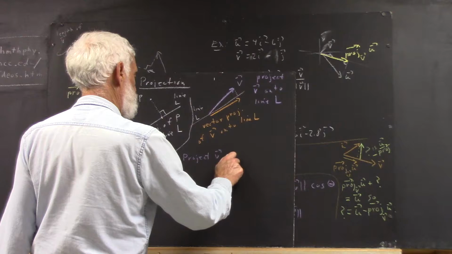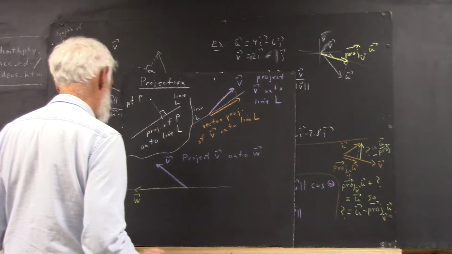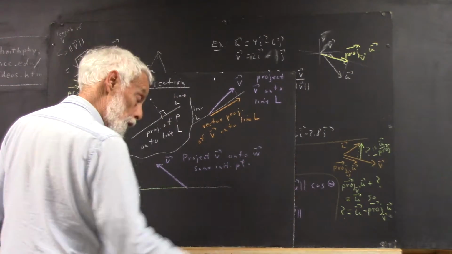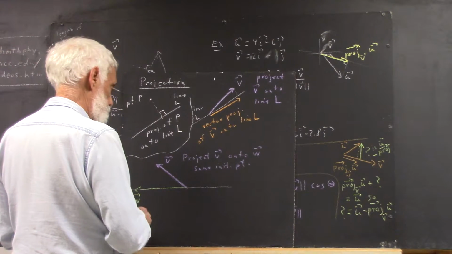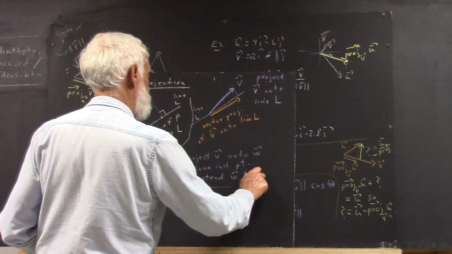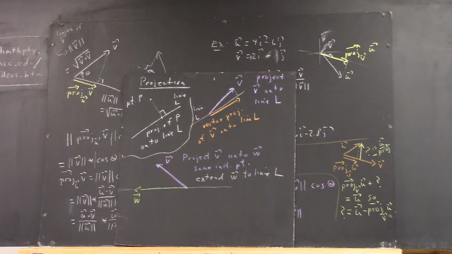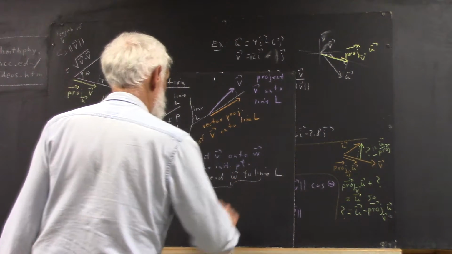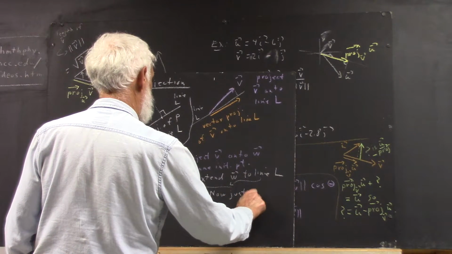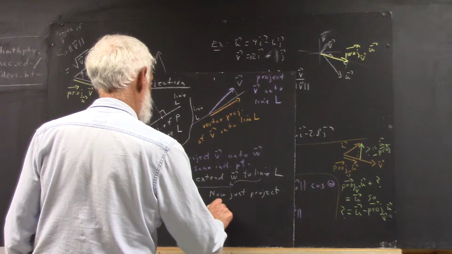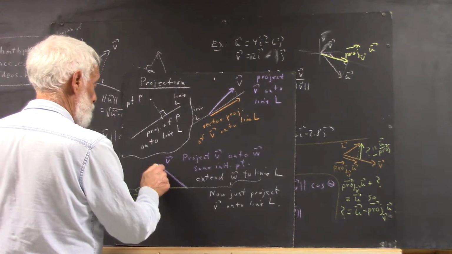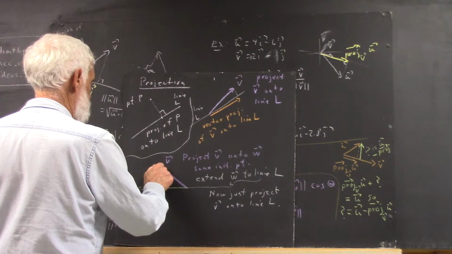So, to project V onto the vector W, we use the same initial point for both, and we extend W to a line, and we might as well call that line L. So here's our line L. And now we just project V onto line L. So by projecting V onto line L, well, the terminal point of V, but we've seen how that works.